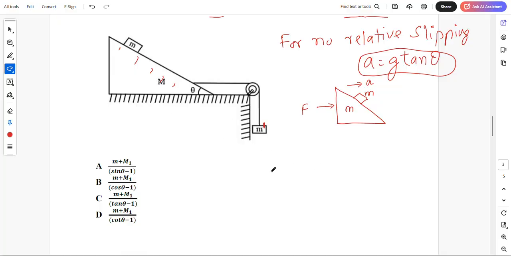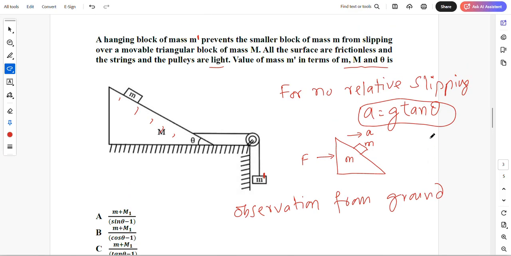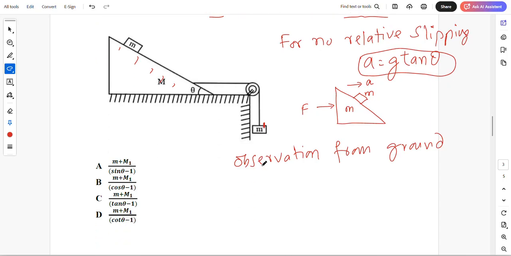Now here, observation from ground. If the acceleration is towards the right side, we are supposed to calculate the value of mass M dash, which is hanging here. If I observe this from ground, this is M dash g, the weight.